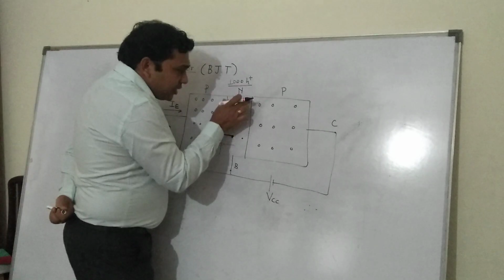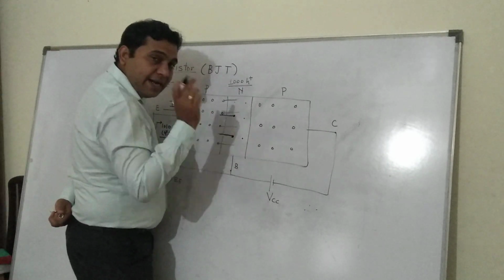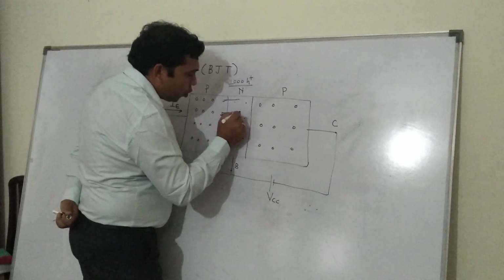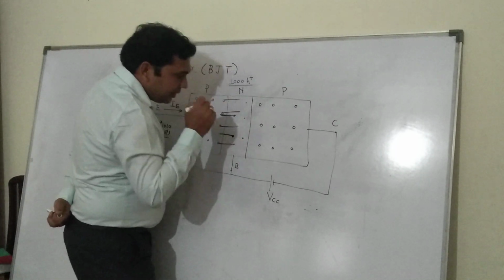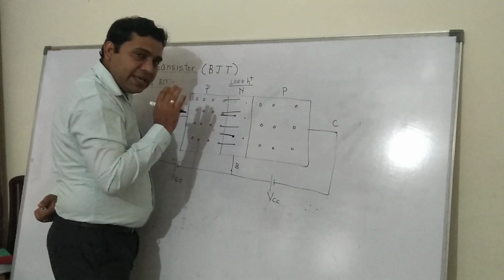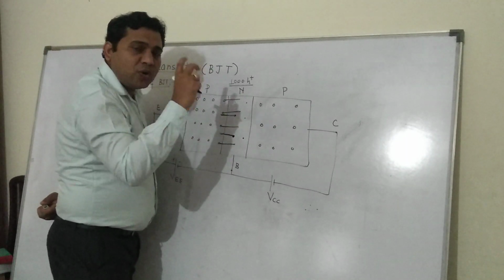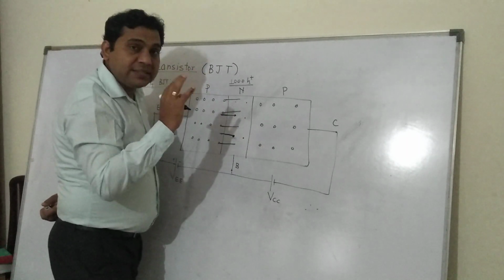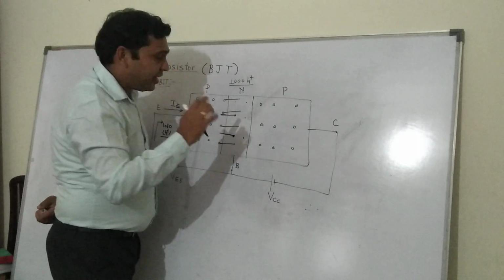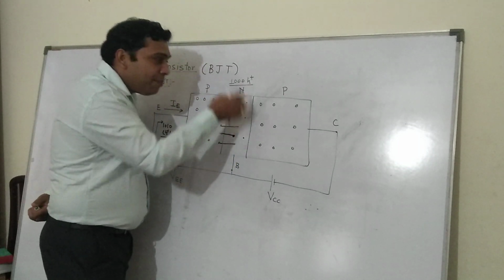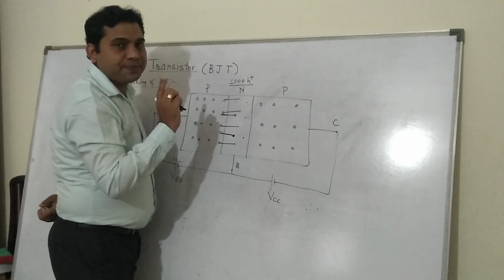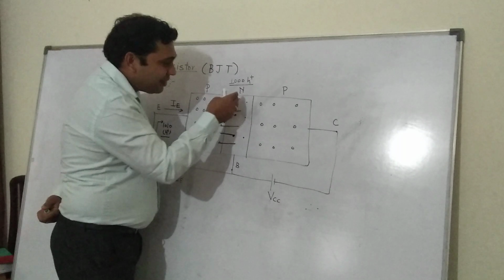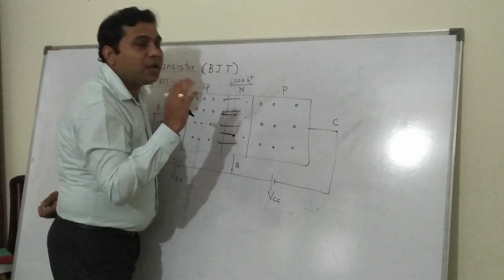Now, since this base is thin and lightly doped, whatever holes are going, let's say these 1000 holes going into the base, out of 1000, let's say only 10 find an electron in the base region to recombine with.